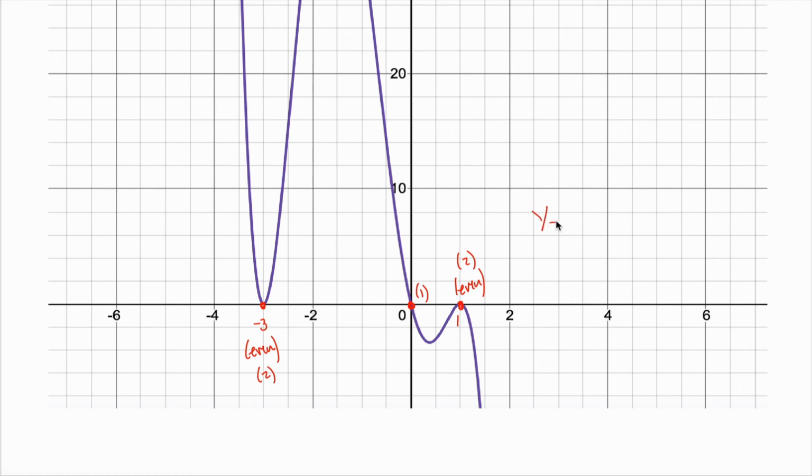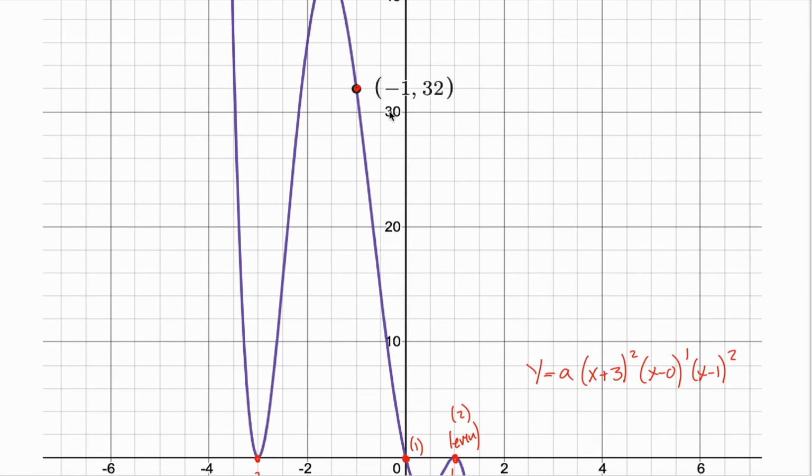So our equation is y equals some number that we don't yet know times x plus 3 to the second power for this root at -3 with multiplicity 2, times x minus 0 to the first power for this root at 0, times x minus 1 to the second power for this root at +1 with multiplicity 2.